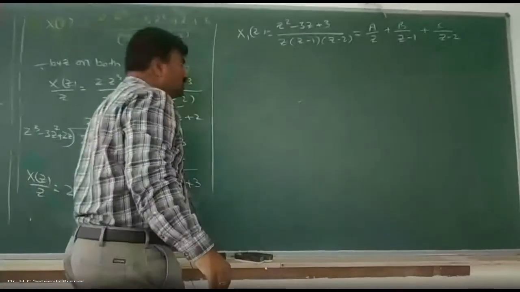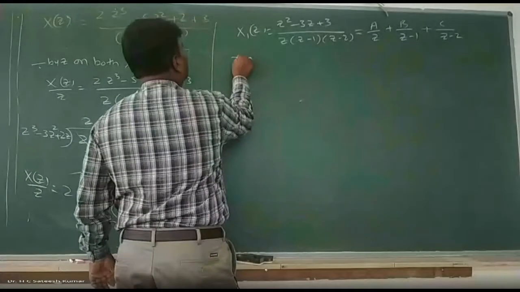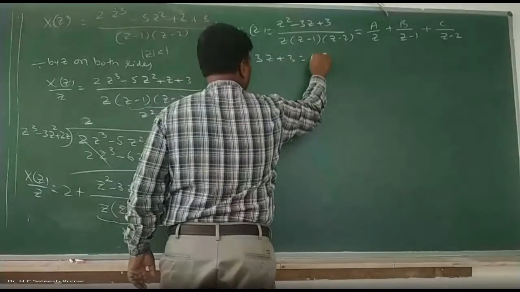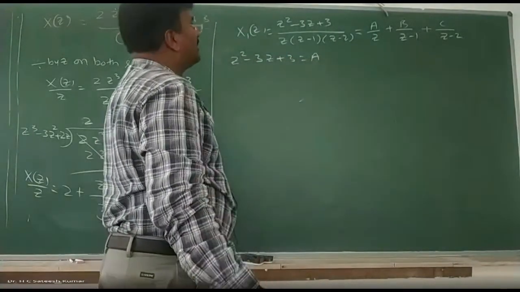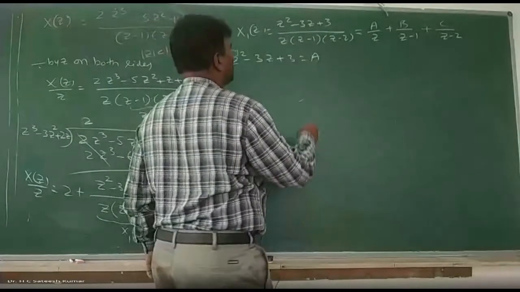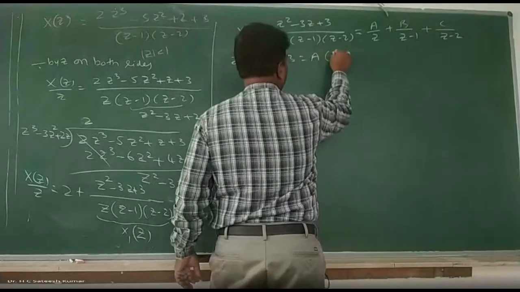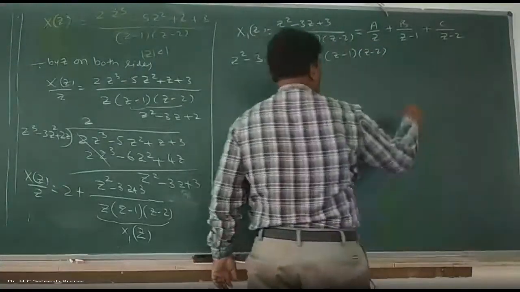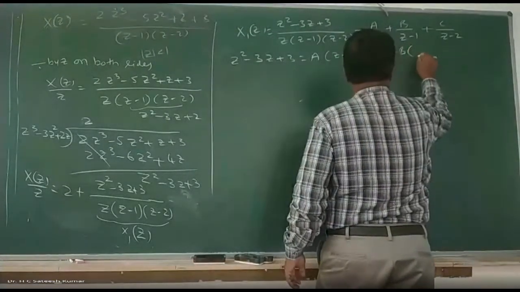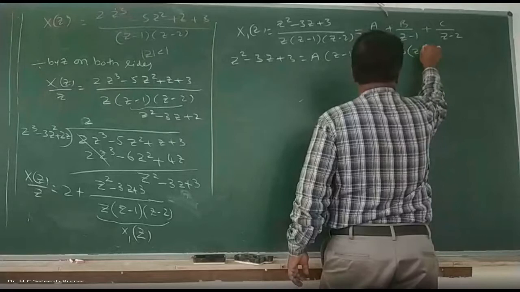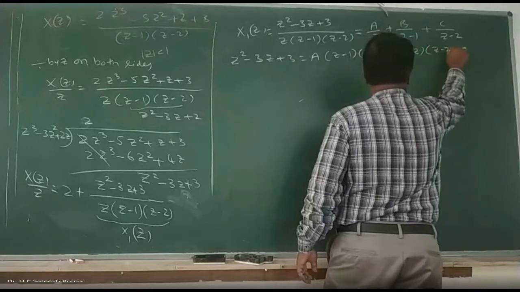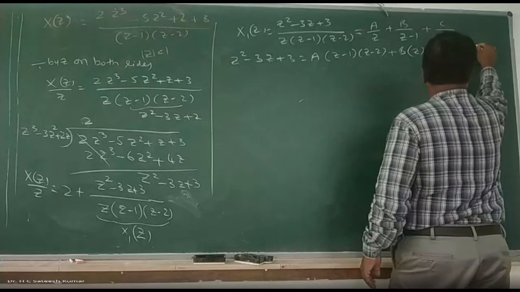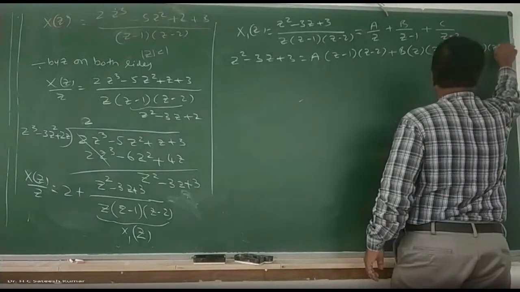Okay, right. z square minus 3z plus 3 is equal to A into (z minus 1) into (z minus 2) plus B into z into (z minus 2) plus C into z into (z minus 1).